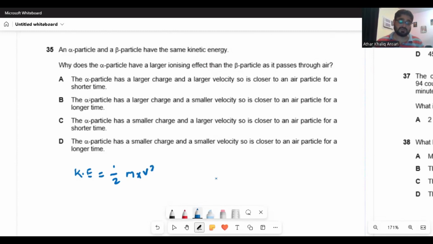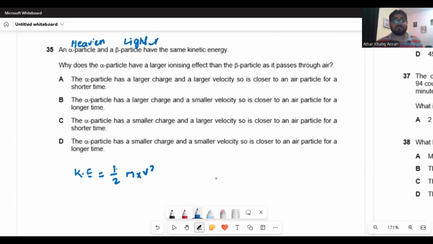If kinetic energy is the same for two objects that do not have the same masses, the alpha particle is heavier because it is a helium nucleus, whereas the beta particle is an electron and is lighter. Now they have the same kinetic energy, so it means they will have different velocities.